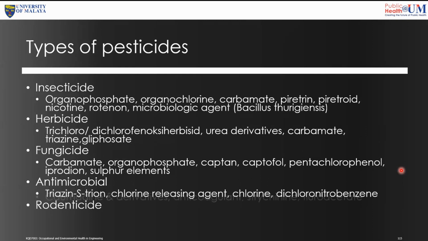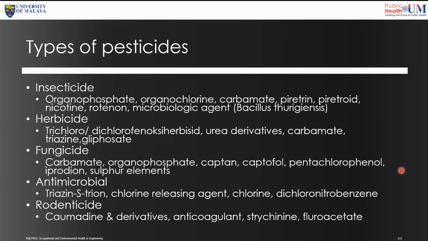Your insecticide consists of organophosphate, organochlorine, carbamate, pyrethrin, pyrethroid, nicotine, rotenoid, and microbiological agents like Bacillus thuringiensis. Herbicides include trichlorophenoxyacetic acid, dichlorophenoxyacetic acid, urea derivatives, carbamate, triazine, and glyphosate.